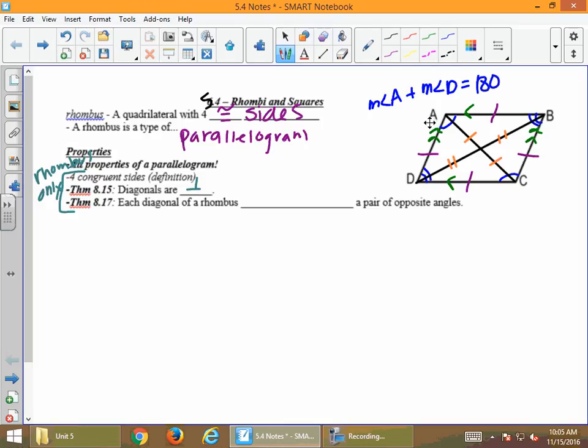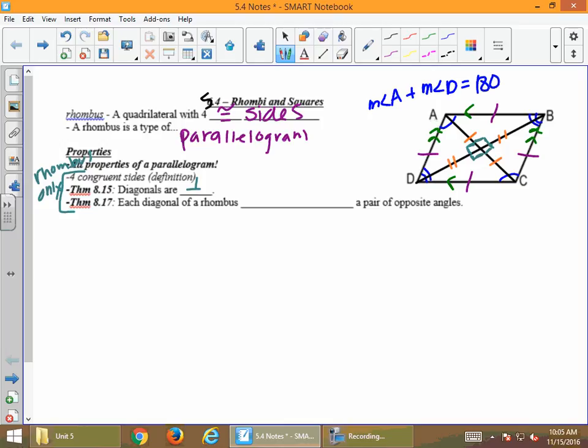Well, what kind of angles are formed at perpendicular lines? Right angles. So that means these inside angles with the diagonals in a rhombus are all 90 degrees. All those inside angles are 90 degrees with the diagonal. And only a rhombus. Not a rectangle, not an everyday parallelogram, only a rhombus.